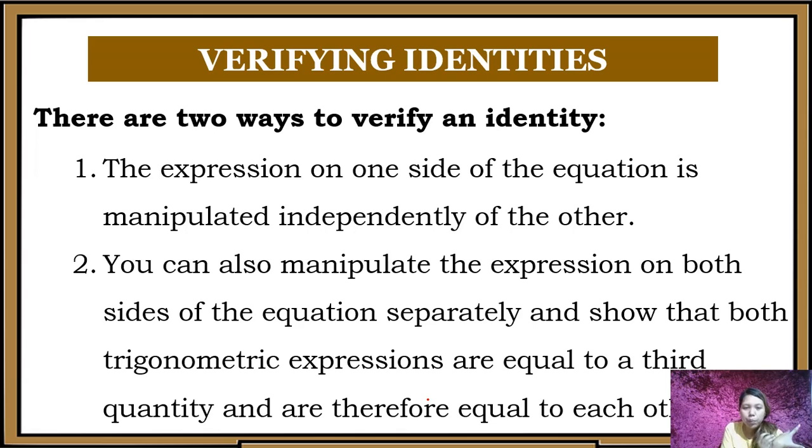Or another way, you can manipulate both and they will arrive at the same expression. Most of the time, the easiest is to manipulate one side. But if the given expression is complicated, you manipulate both sides.